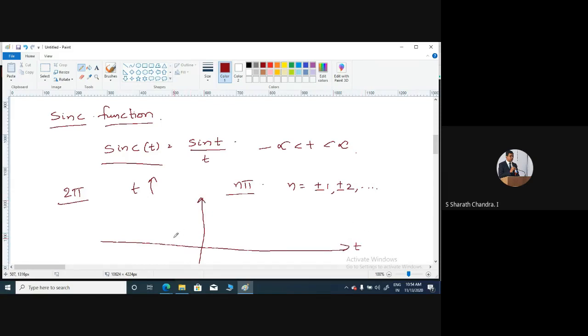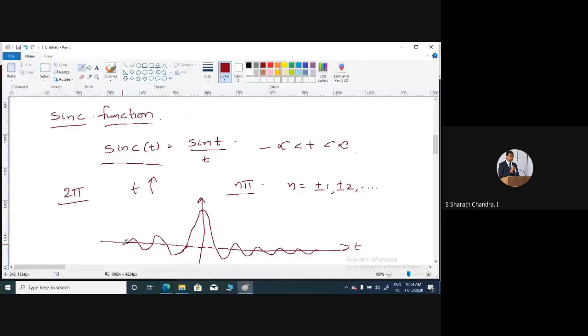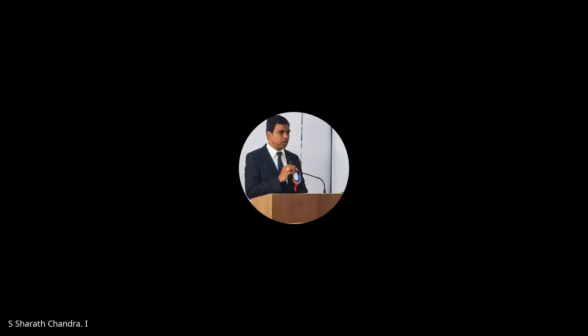As said, it takes a maximum amplitude at 0, and the amplitude goes on decreasing as the values of t increase on both sides. It is equal to 1 at 0, and this is how a sinc function is represented. You could see that Sinc of t is also an even function of t. And that's all.